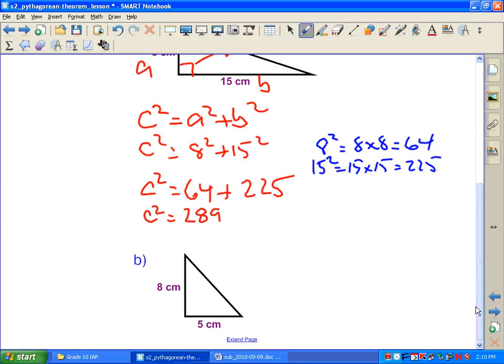Now, to find out what c is, we take the square root of 289.